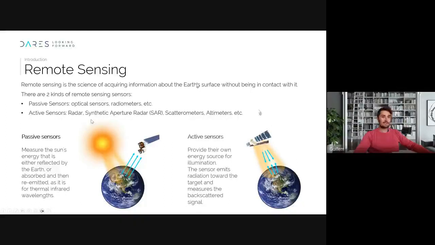These sensors need an external source of energy to acquire data. And then we have active sensors on the other hand. These active sensors produce their own energy to acquire data.